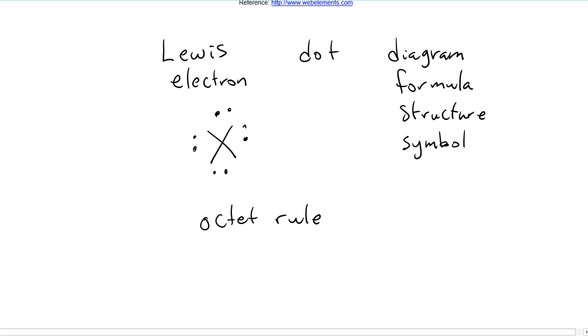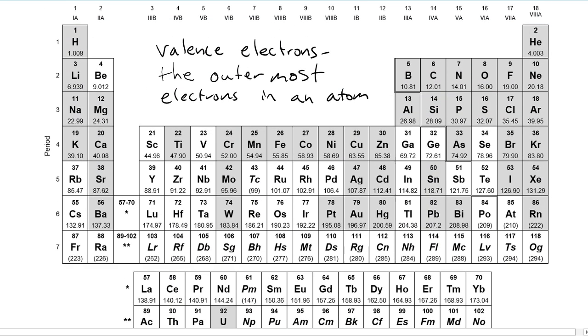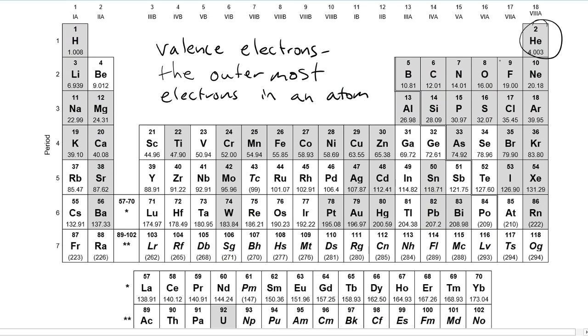Now, of course, there always has to be some exceptions. And there's one exception in all of these, and that is helium. Helium will just have 2 valence electrons. Helium has a Lewis symbol written with its symbol shown with 2 dots, and in this case the dots will be doubled up.